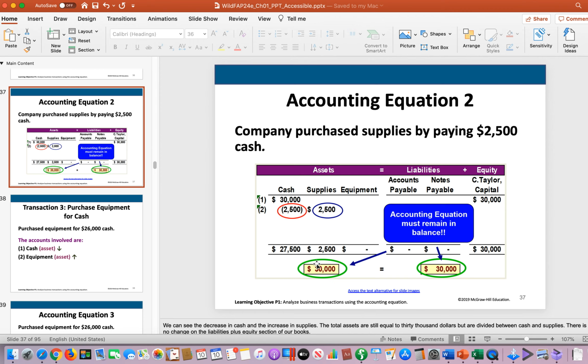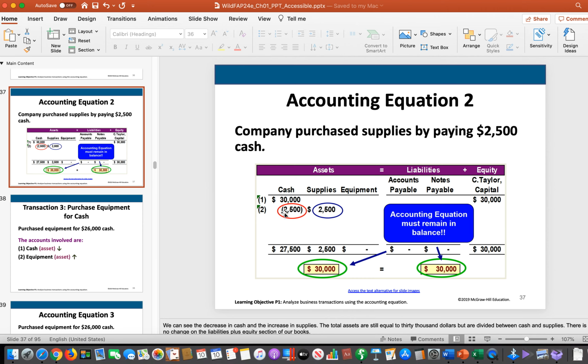So 30,000 minus 2,500 plus 2,500 is still 30,000. And nothing happened on the equity side. You didn't borrow any money. You didn't buy anything on credit. So that's 0 on the liability side, and the equity remains the same.